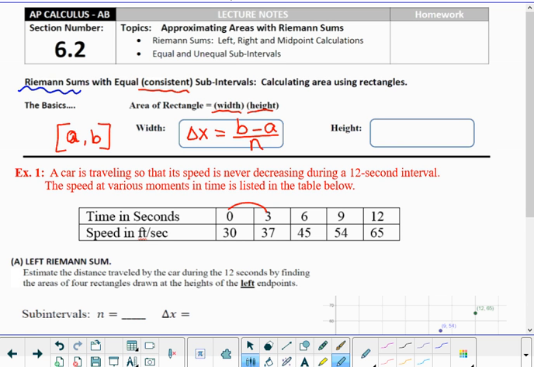Now the height's going to be determined by our function, right? If I put in an x, I get out a y value, or a height.